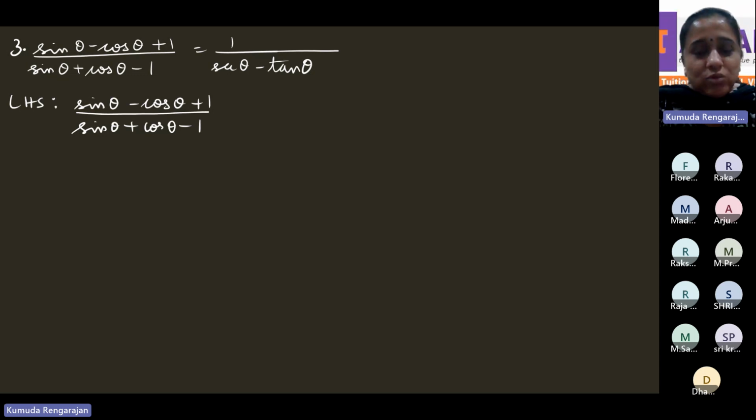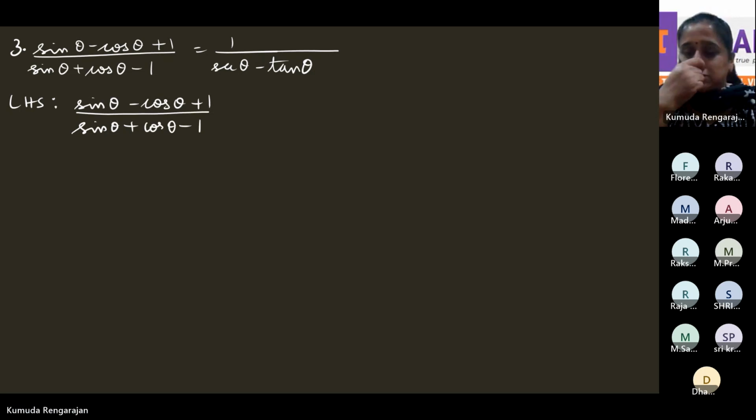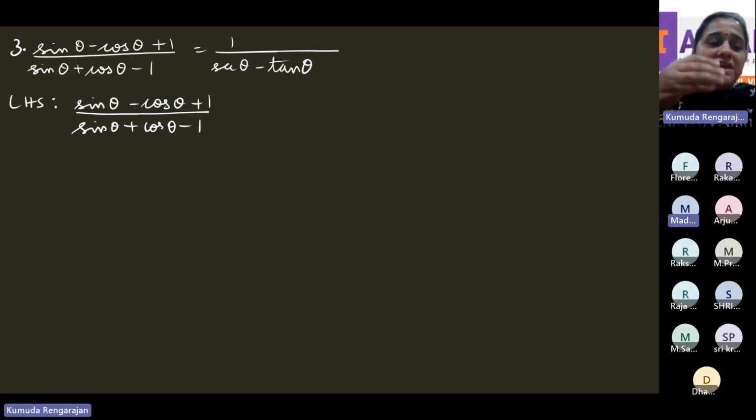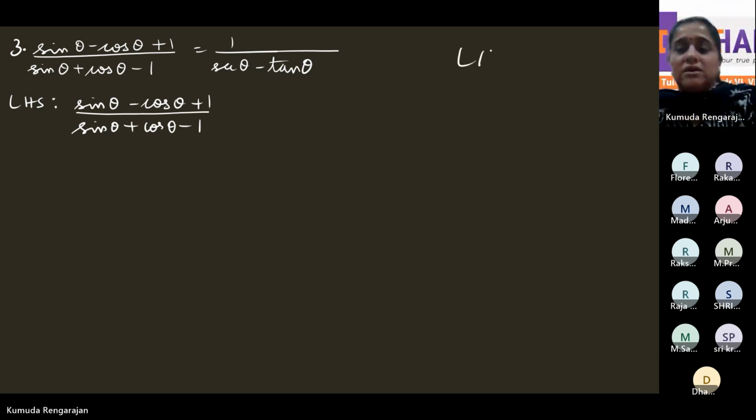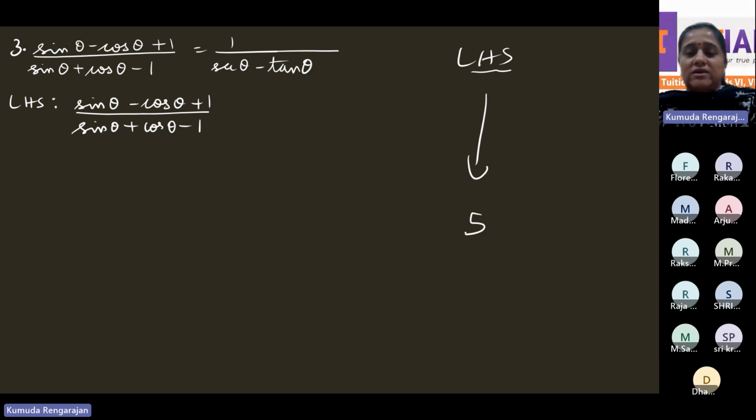So there should be something to work. Supposing one side has only one term, you cannot take up that side and work. So we normally take up that side where some changes can be made and eventually we arrive at the RHS. But there are cases where we have to take up the left hand side, work it, say you get an answer like 5.